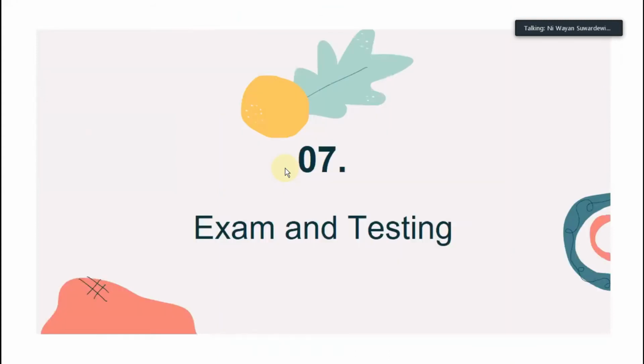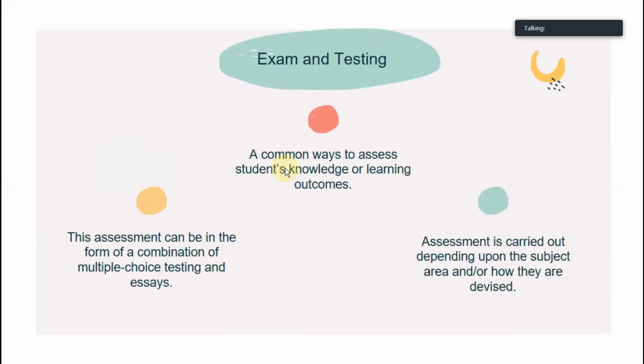And the last part is exam and testing. Exam and testing is one of the common assessment ways used by teachers to assess knowledge or learning outcomes. This kind of assessment can be in the form of a combination of multiple choices and essays.